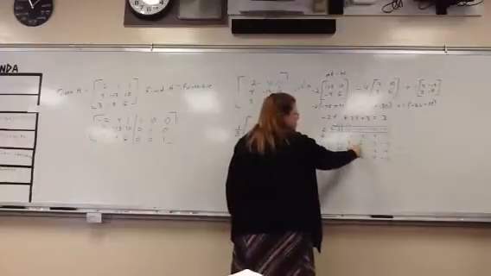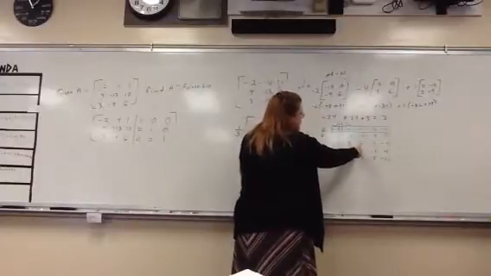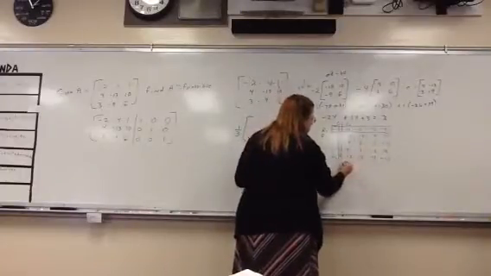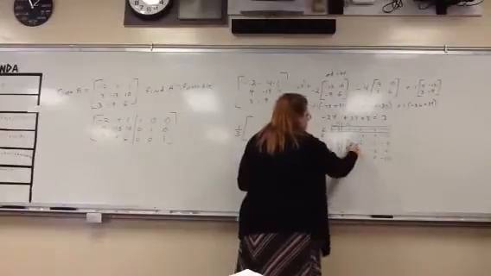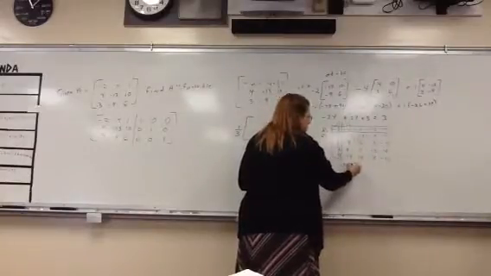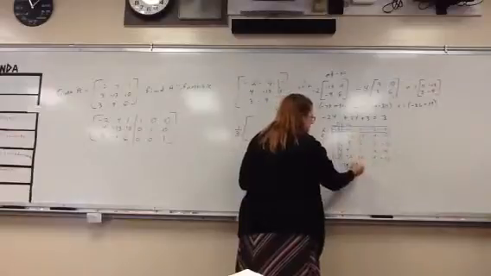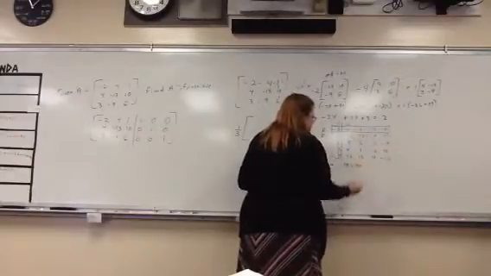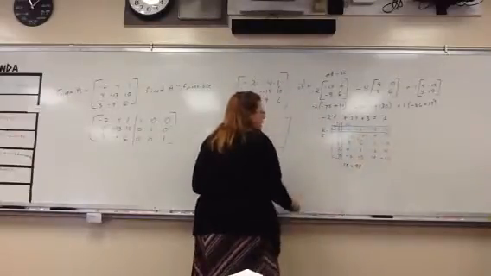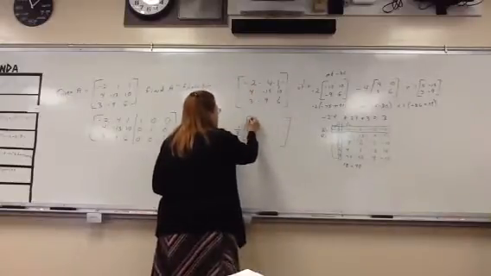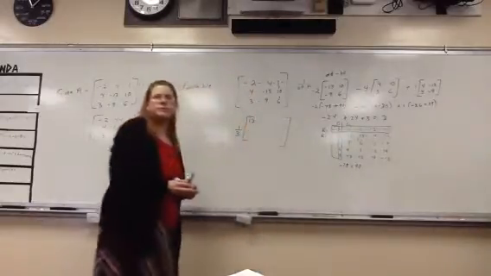So -13 times 6 is -78. And then that's going to be minus, and that's a -90, so it's going to become a +90. That was 12. That goes here.